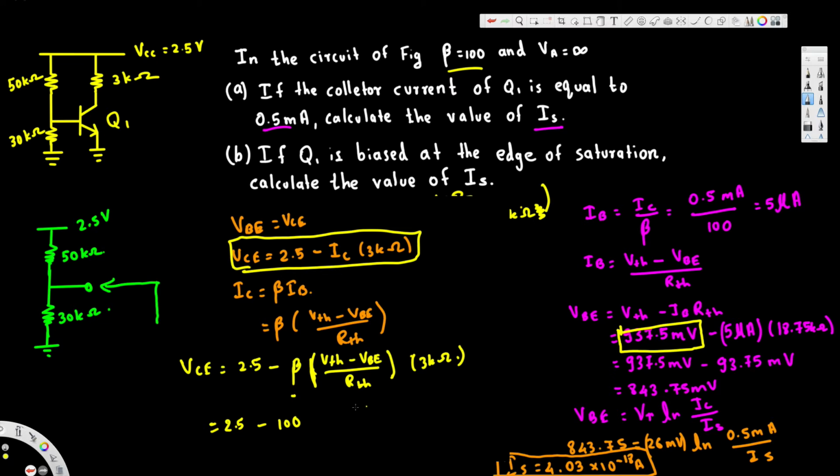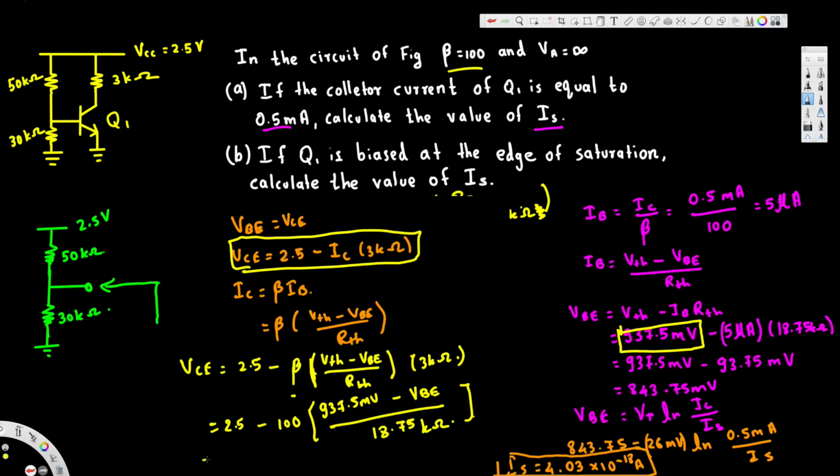I showed you how to calculate it before I erased it. So VThevenin we already calculated. That is 937.5 millivolts minus VBE over RThevenin, that is 18.75 kilo ohm.